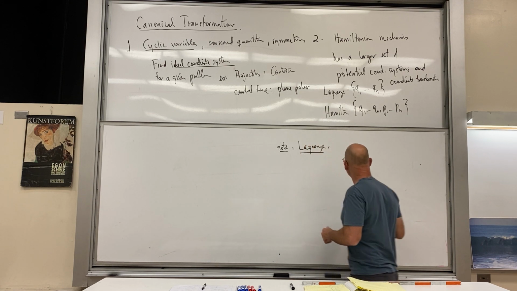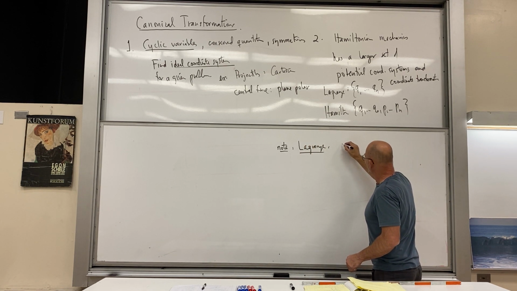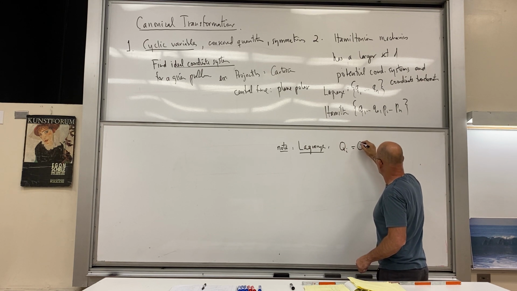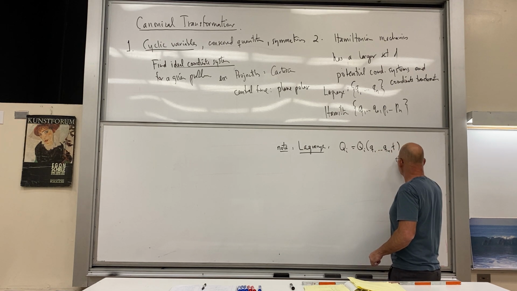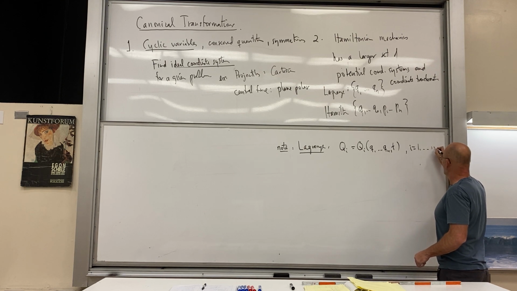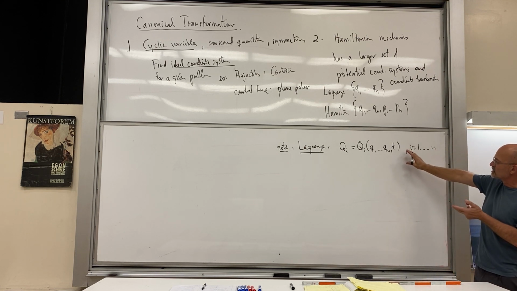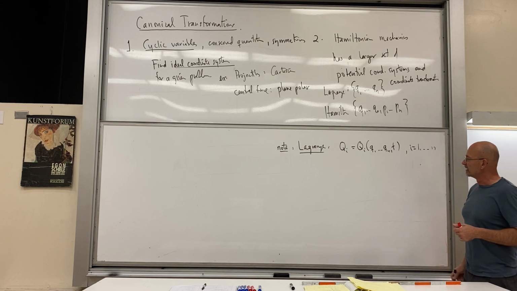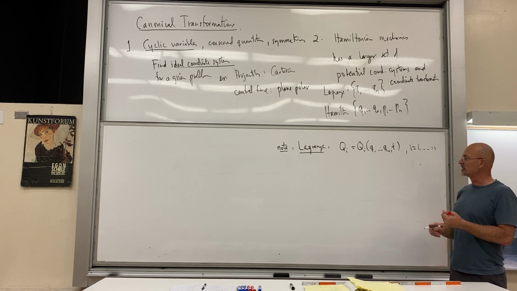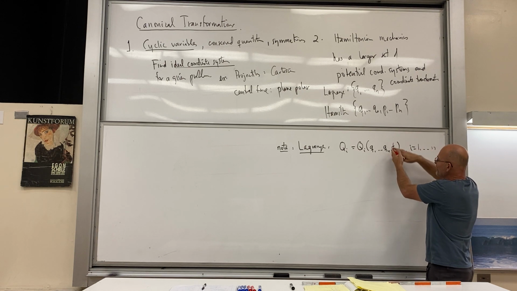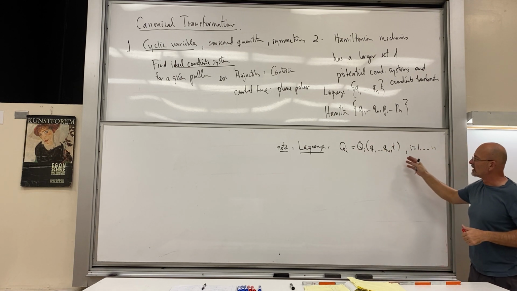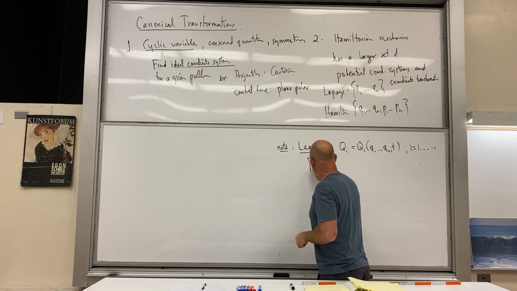In Lagrangian mechanics, you're looking at the transformation Q sub i equals Q sub i of Q1 to Qn, and t, i equals 1 to n. That would be the most general transformation in Lagrangian mechanics. It's called a point transformation. Cartesian to plane polar, and back, spherical polar would have been without the t, but you can in fact have a time-dependent coordinate transformation as well. So these are called point transformations.